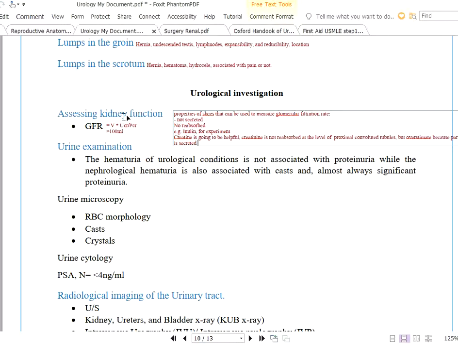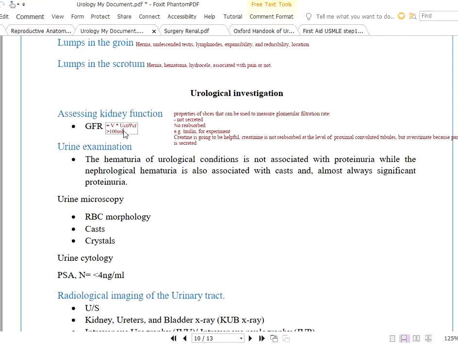The way we calculate glomerular filtration rate is indicated in this formula. We take the volume of urine, which is the urine output for maybe 24 hours. Then for those 24 hours, we multiply by the concentration of creatinine in the urine that we have collected, over the plasma concentration of creatinine that has been measured.